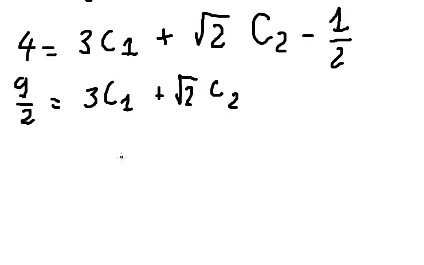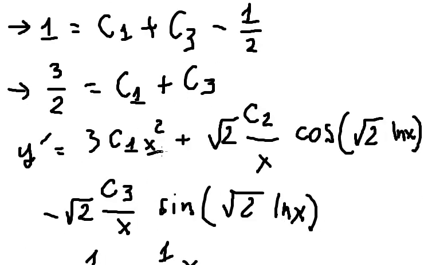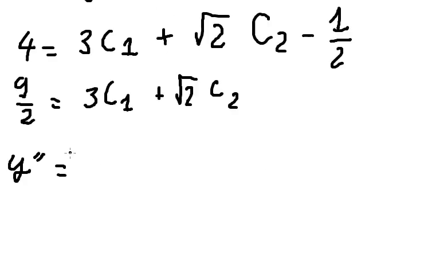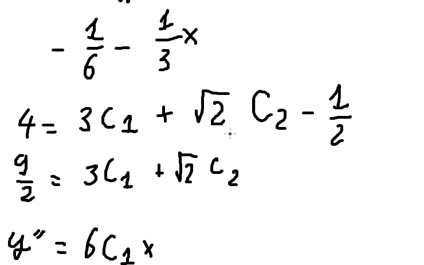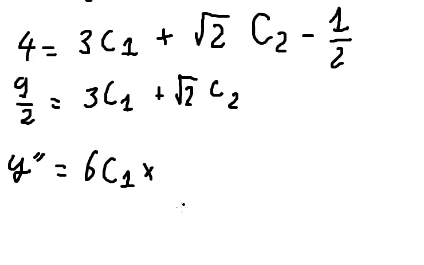Now let's go to the second derivative of y. So for this one, x squared, we have 2x, 3 and 2, we have 6c1 x. The next one, if we do the first derivative, that should be like this.